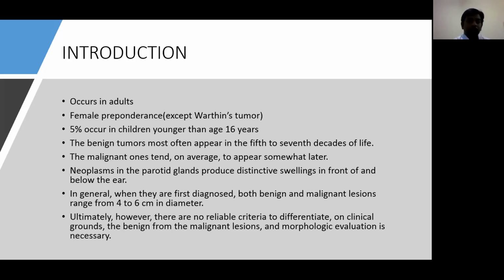The benign tumors most often appear in the 5th to 7th decades. Malignant ones tend to appear at a somewhat later age. Neoplasms in the parotid glands produce distinctive swellings in front of and below the ear. In general, when first diagnosed, both benign and malignant lesions range from 4 to 6 centimeters in diameter. Ultimately, there are no reliable criteria to differentiate on clinical grounds.